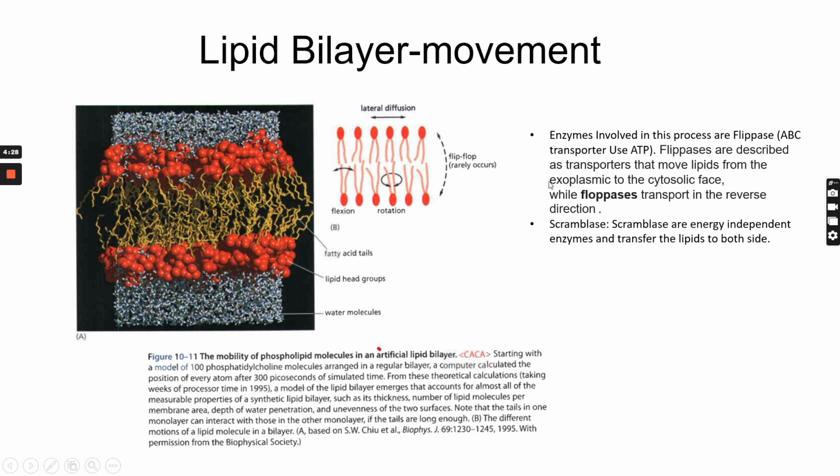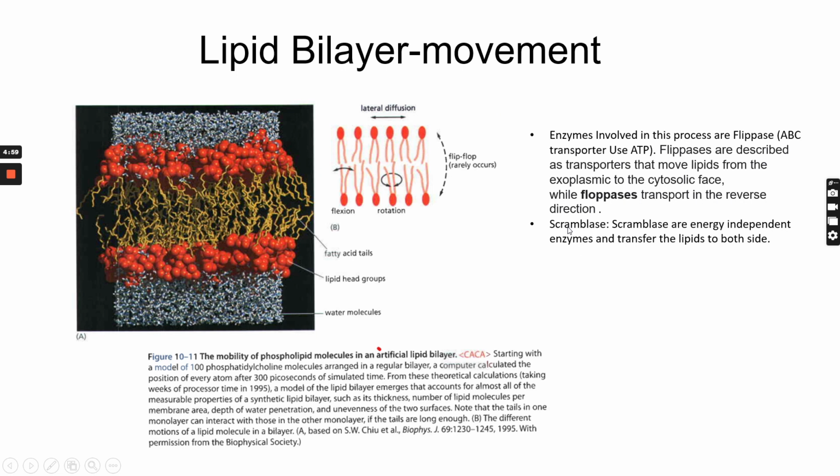The enzymes involved in these processes are flippase, floppase and scramblase. Transport from one leaflet to the other is sometimes energetically unfavorable, so it requires enzymes known as flippase and floppase. Flippase takes the lipid from the exoplasmic side to the cytoplasmic side and floppase does the reverse, and both are ATP-dependent transporters.